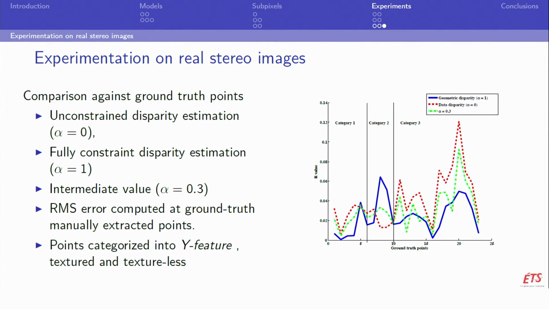And basically the green line here is the method using the two terms in conjunction. So ours is this one here.